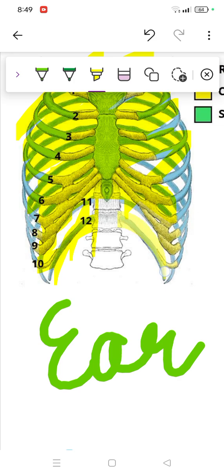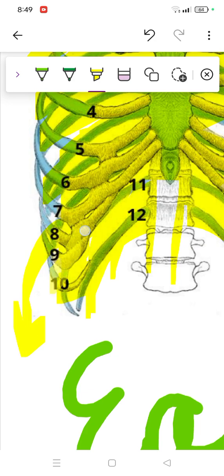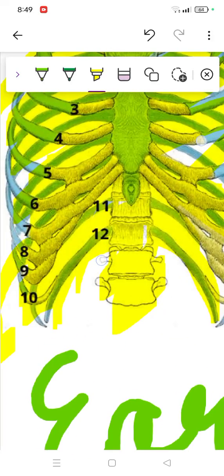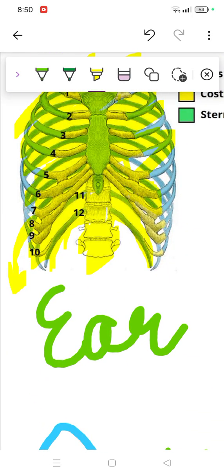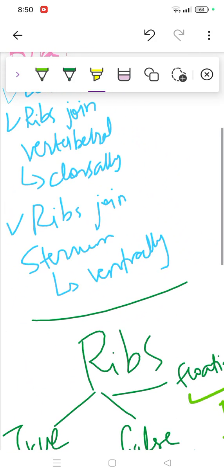Ribs 8, 9, 10 are called false, because they are not attached to the sternum directly. So 1 to 7 are attached to the sternum, the second group is attached at the back side but not to the sternum, and the last ones are not attached to anything. They're floating ribs. I hope it's clear.